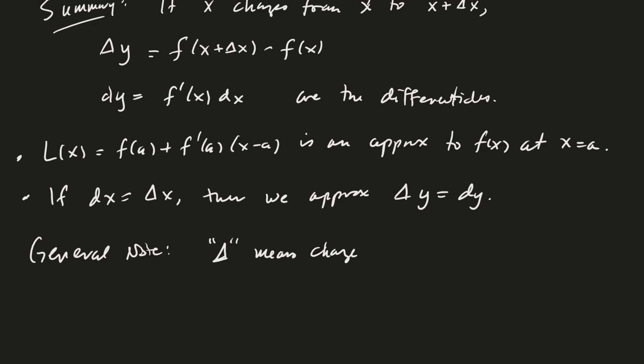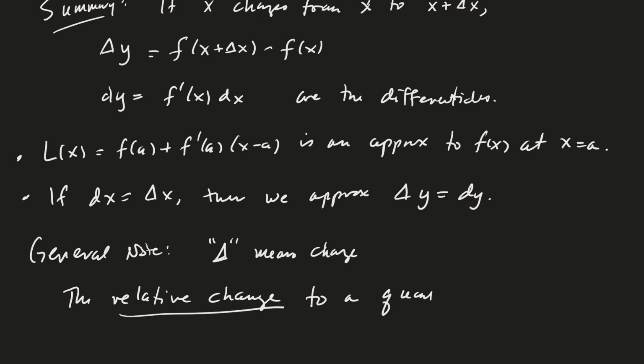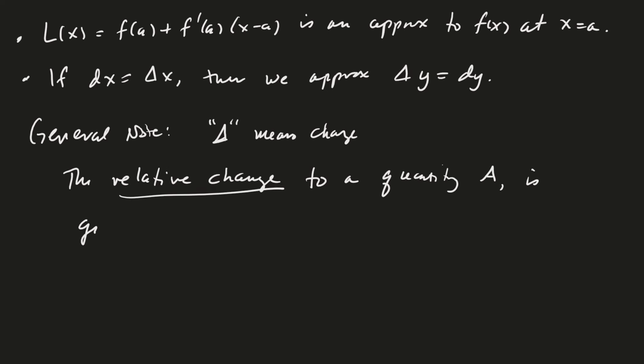The relative change to a quantity, let's say a, is given by the change in a divided by a.